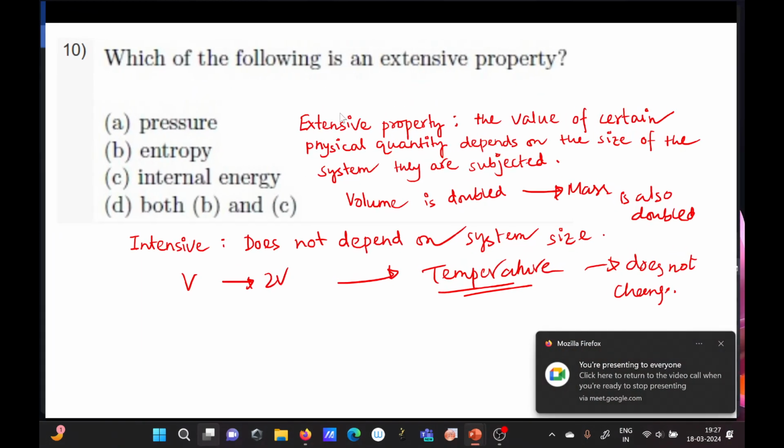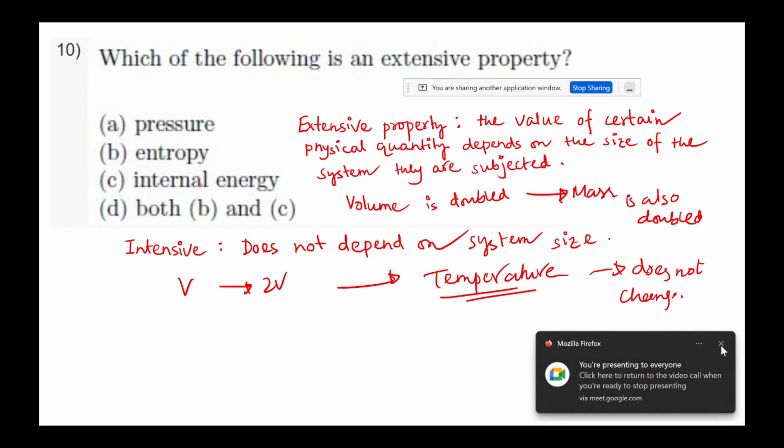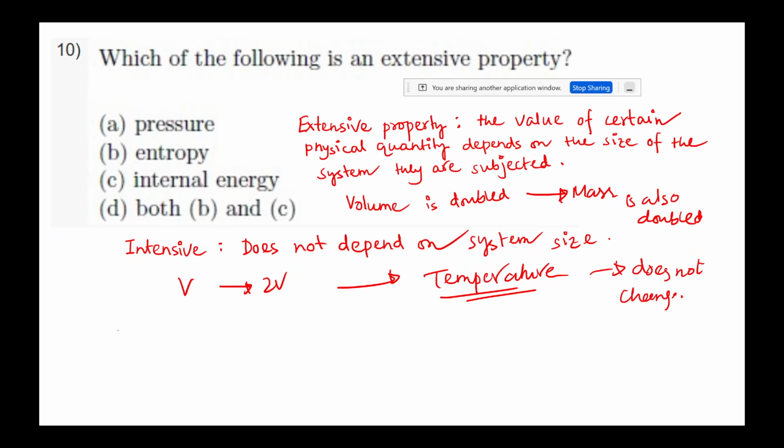So let me write it here. Pressure is an intensive property. Entropy is extensive, because if system size increases, entropy increases.